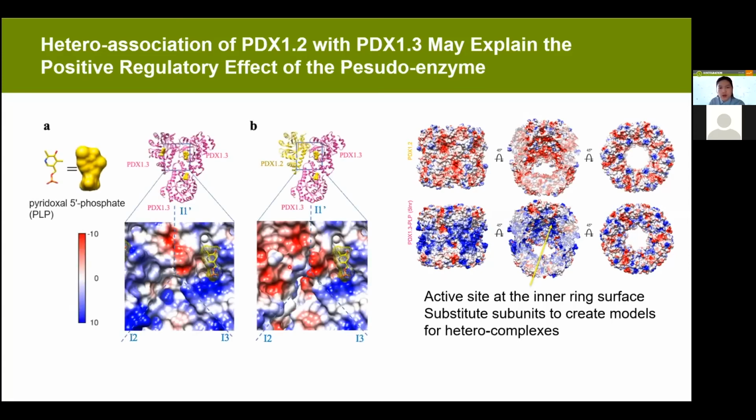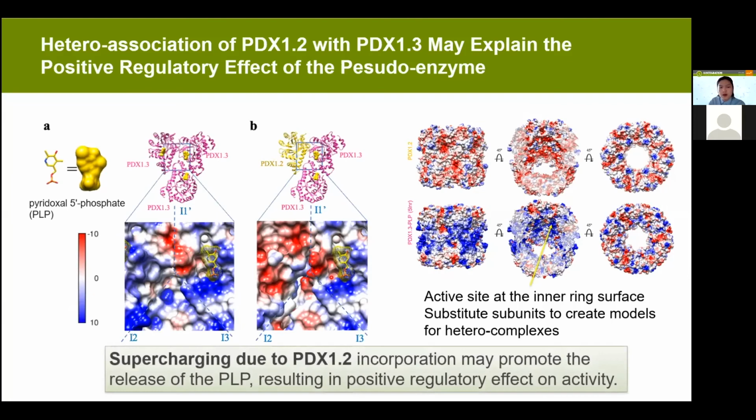In this way, we can look at the changes in the surface charge when we incorporate a 1.2 into the 1.3 complex. You can see this is where the substrate binds, and once you have the 1.2, you start to change the surface charge in this region. And this may be the reason why there is a supercharging effect that will help promote the release of the substrate, which is actually negatively charged as well.